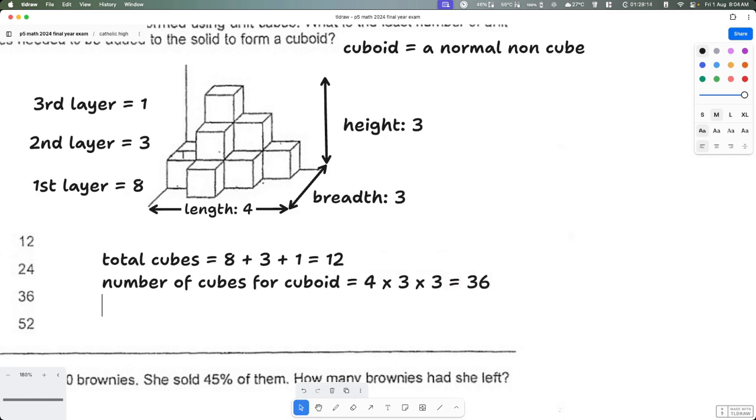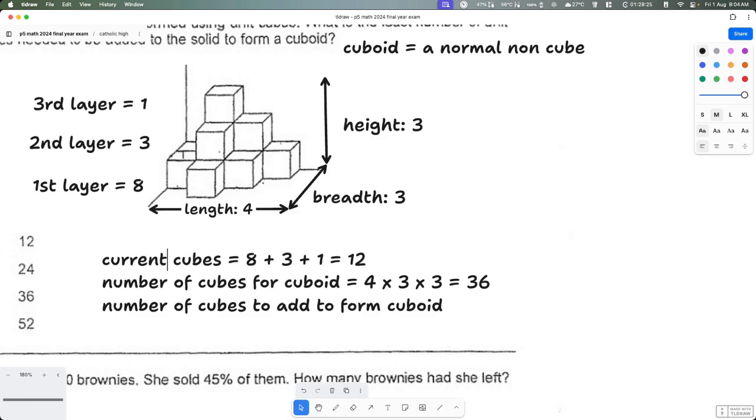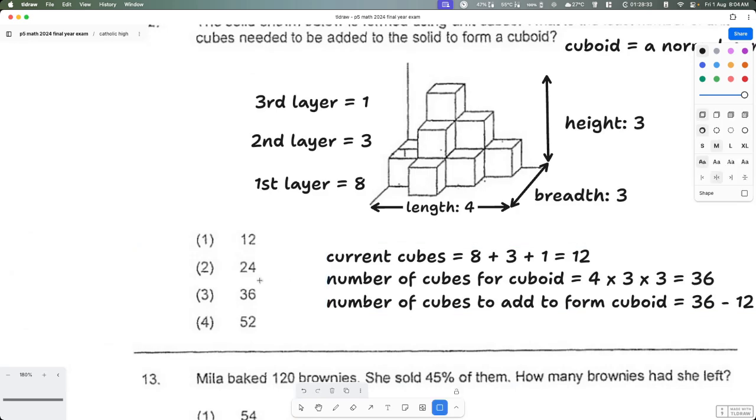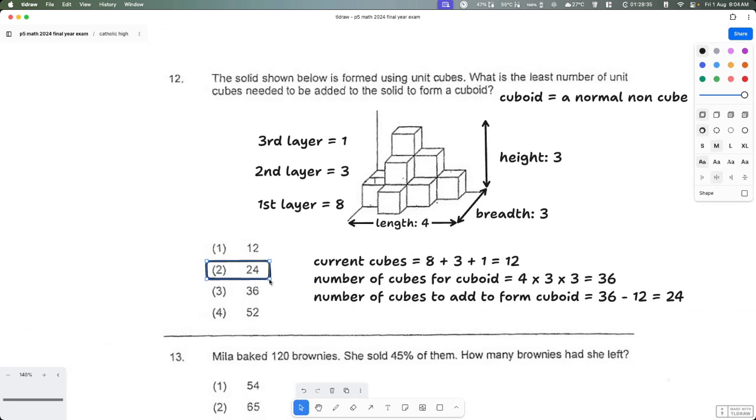So the number of cubes to add to form the cuboid: the total cubes of the current shape is 12, so this will be 36 minus 12, which is 24 in this case. So the answer to this is number 2.